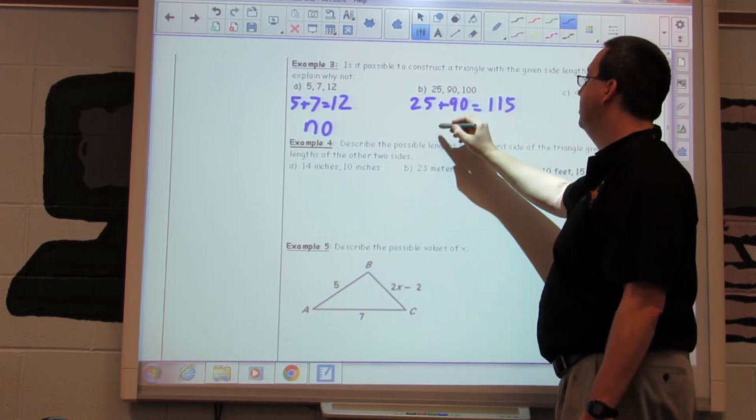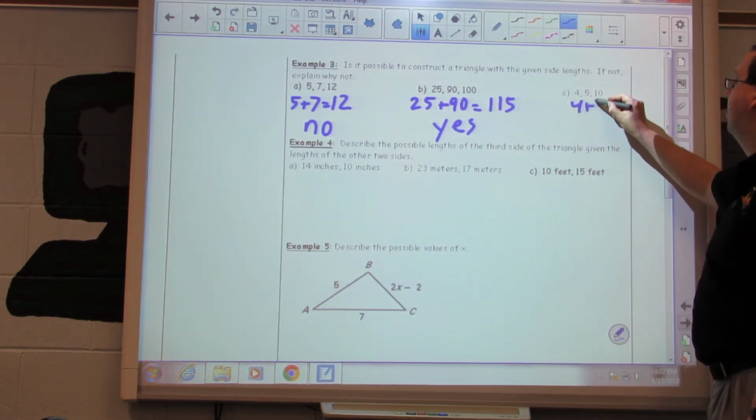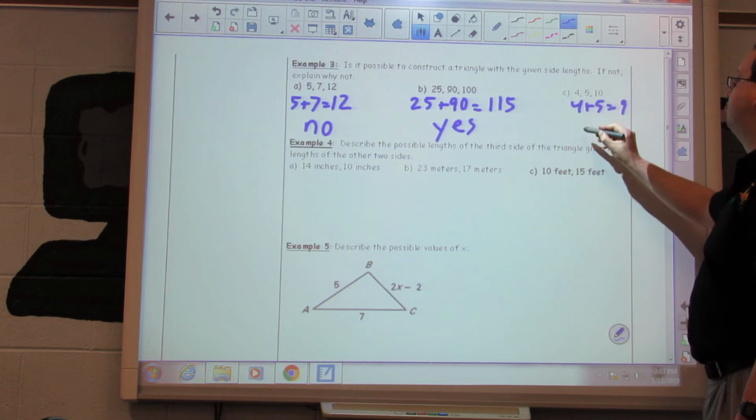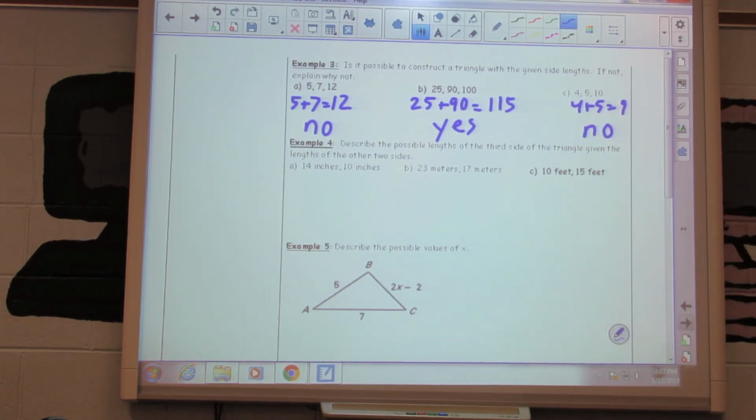That's greater than 100, so this would work. 4 plus 5 is 9. That's smaller than 10, so that does not work. And that is how we check to see if it is possible to construct a triangle with the given side lengths. The other thing we do with example 4 is find the possible range.